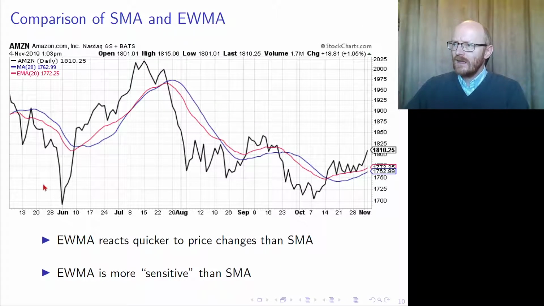So if we compare these two, for example, we have a 20-day moving average and a 20-day exponential moving average. And we can see that the exponential moving average reacts quicker to price changes than the simple moving average, and that it is more sensitive.